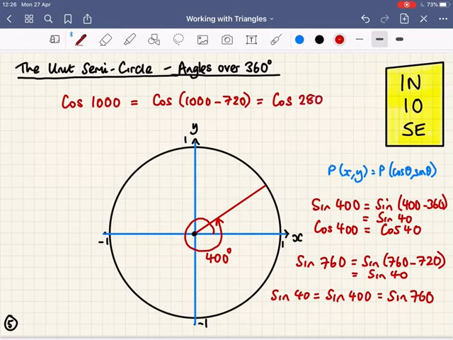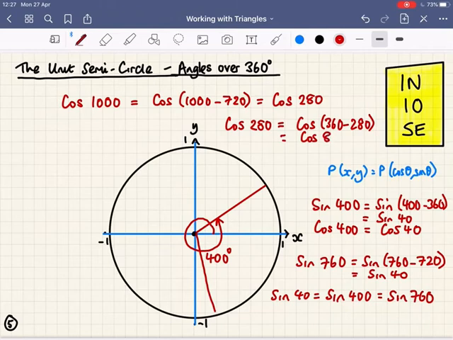And cosine of 280 lives here in this fourth quadrant, and cos 280 is going to be the same as cosine of 360 minus 280, which is equal to cosine of 80.